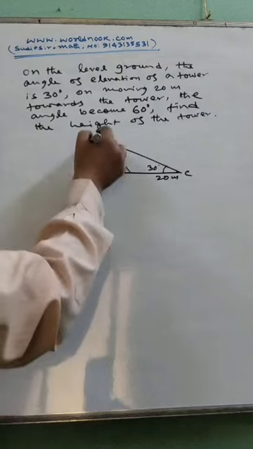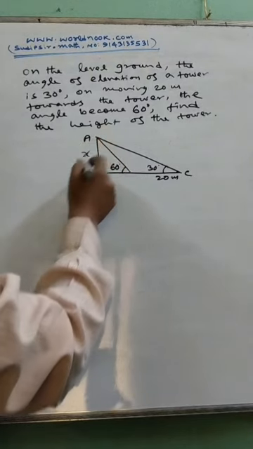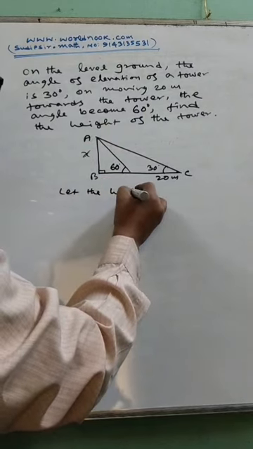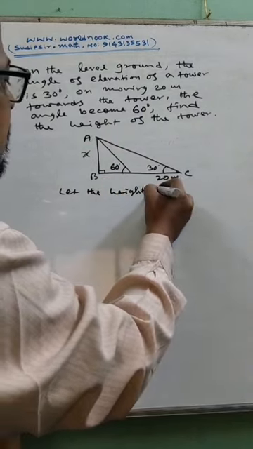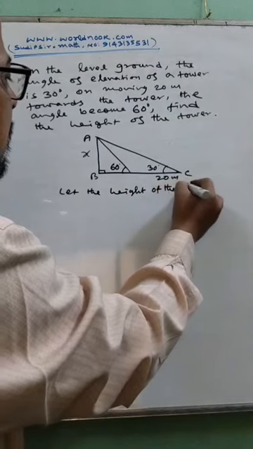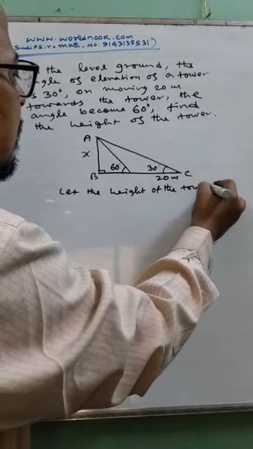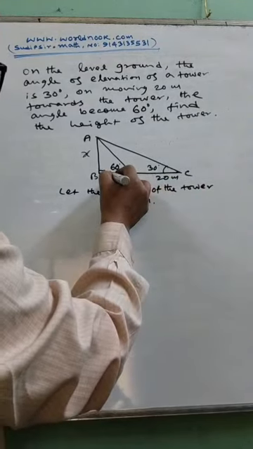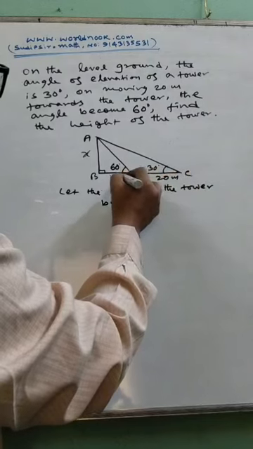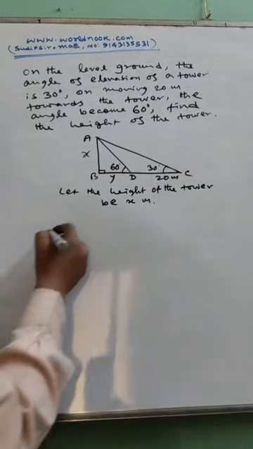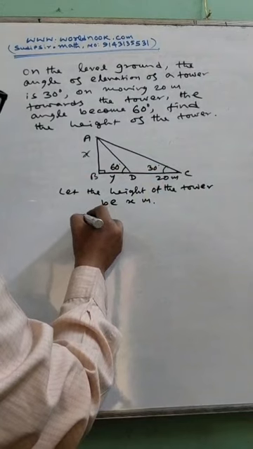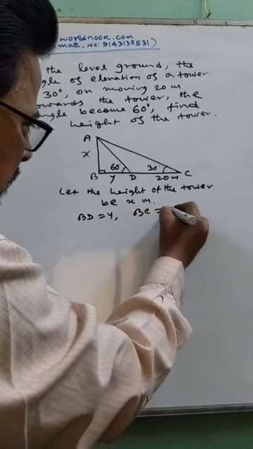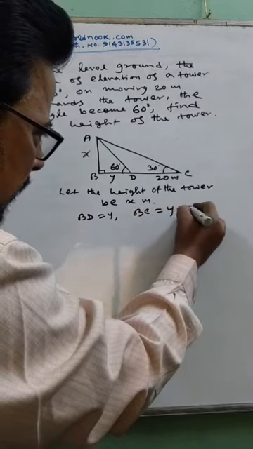You have to find the height of the tower. Let the height of the tower be x meters, and say the second position is D, with BD equal to y. That is, BC equals y plus 20.